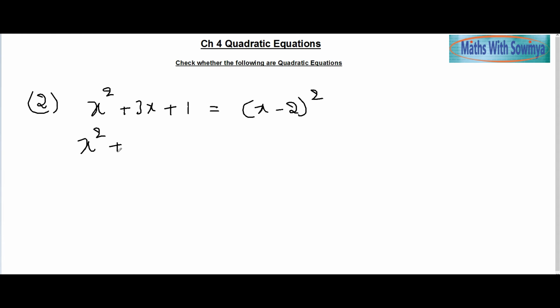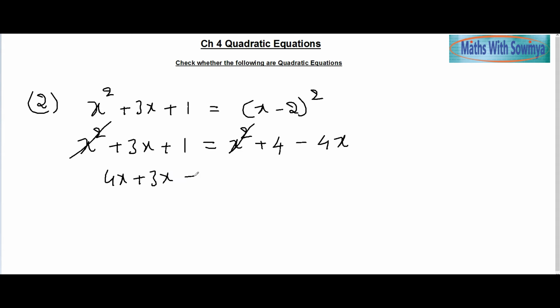Always expand it and see, because here is x square, and here also we get x square, because this is the (a minus b) whole square formula: x square plus 4 minus 4x. So here x square gets cancelled. Bringing 4x here, 4x plus 3x plus 1 minus 4 is equal to 0. 7x minus 3 is equal to 0.